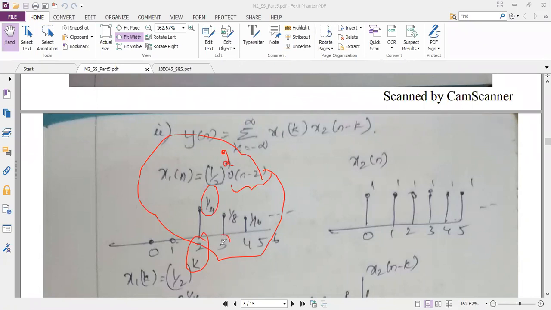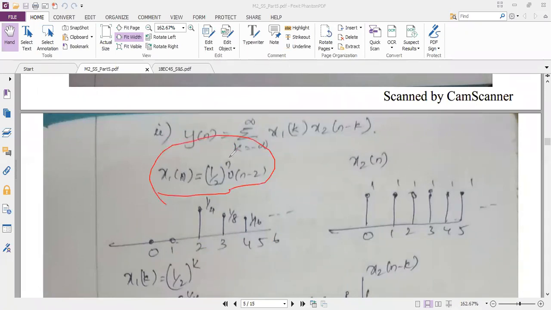Similarly, when n is equal to 3, 1 by 2 power 3 is 1 by 8. When n is equal to 4, 1 by 2 power 4 is 1 by 16. So it keeps continuing towards the right-hand side. I hope you understood how we have drawn the diagram for the input x1 of n as per the expression given in the question. The only difference is n minus 2, so I am starting from 2.